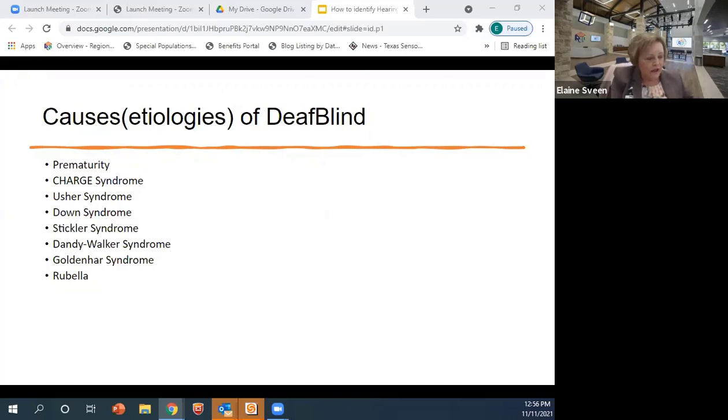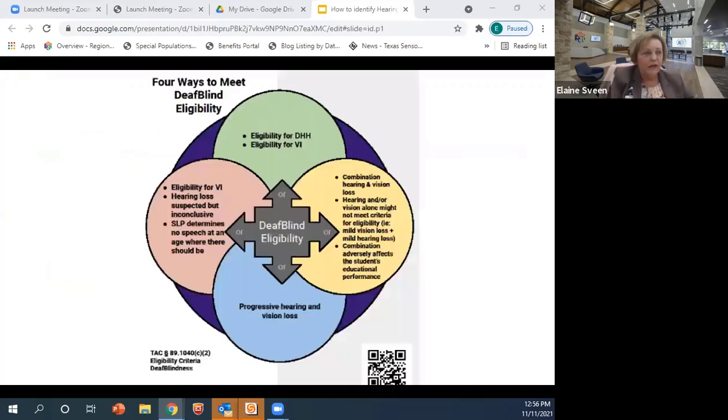Okay, so let's look at deafblind eligibility. I have a new graphic that was developed by Region 11 recently, and I think it's really important for us in looking at deafblind eligibility, because if you already have a child that has visual impairment and you suspect hearing loss, these are the 4 ways that you can qualify a student as deafblind.